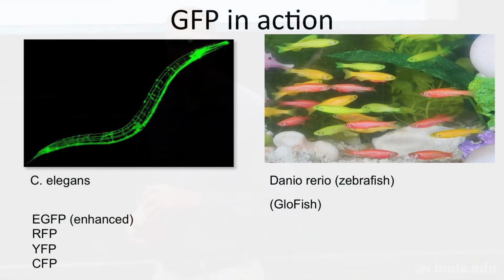You can also use this to make transgenic fish. These are actually called glowfish. This company has actually taken green fluorescent protein and its variants. So this is green fluorescent protein. There's red fluorescent protein, there's yellow fluorescent protein, there's cyan, or kind of a bluish fluorescent protein.